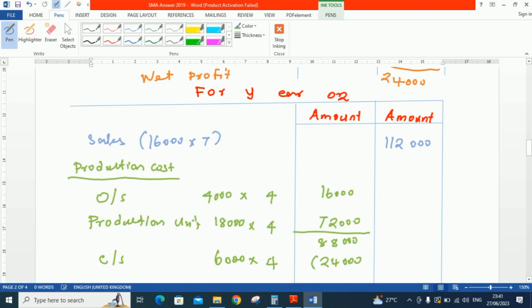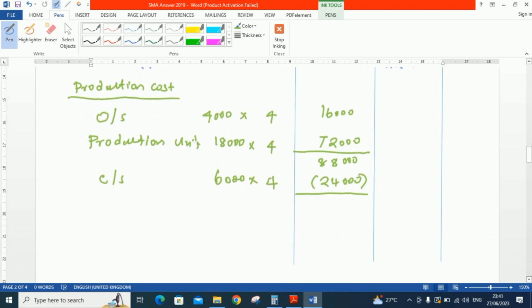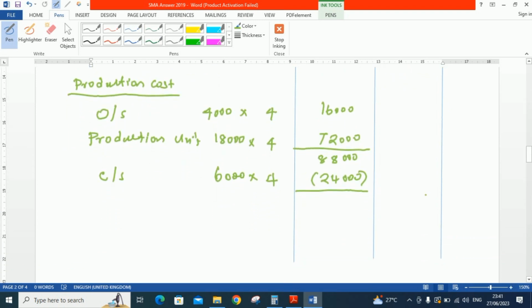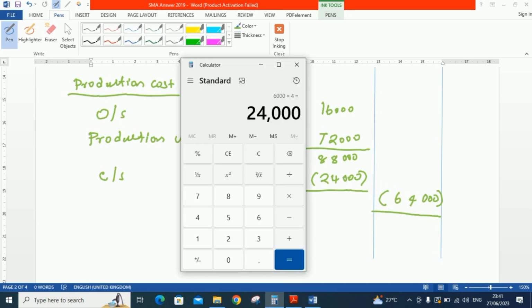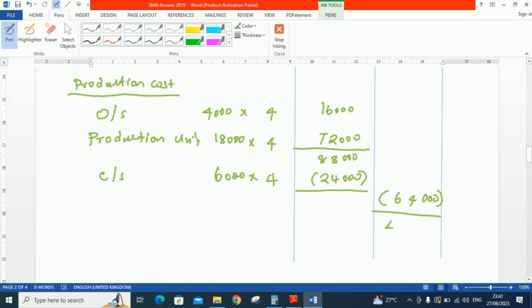So the total production cost is 64,000. So 64,000 should be deducted from sales: 112,000 minus 64,000. It should be 48,000 contribution.